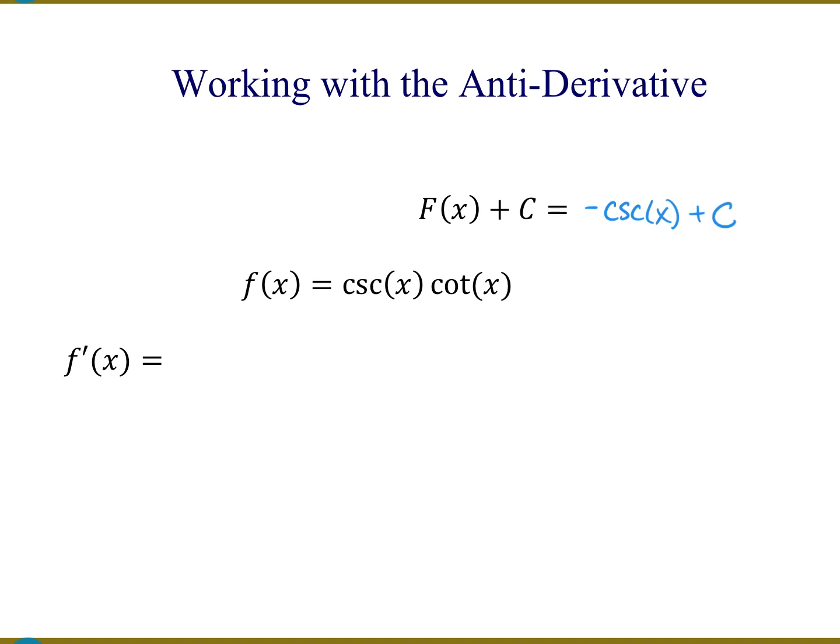I'd have to use product rule between the two of them. So it would start out as cotangent of x times negative cosecant x cotangent x plus cosecant x times negative cosecant squared of x. So in this case, it was harder to do the derivative and easier to do the antiderivative because of the way it was built. It was built as an antiderivative already.